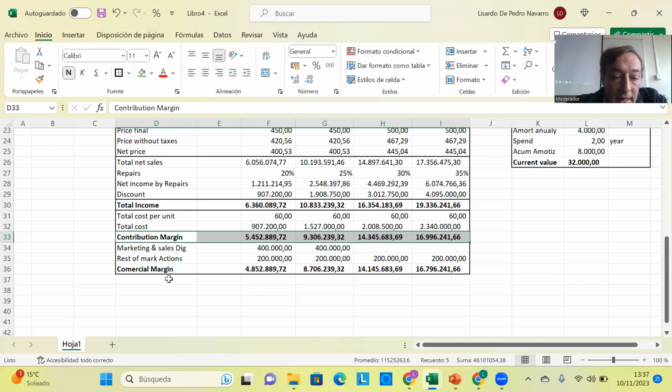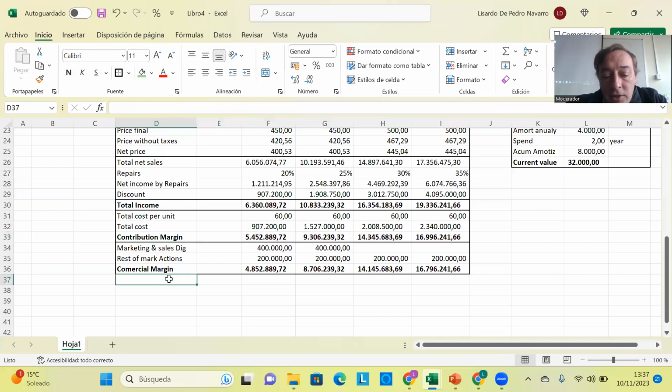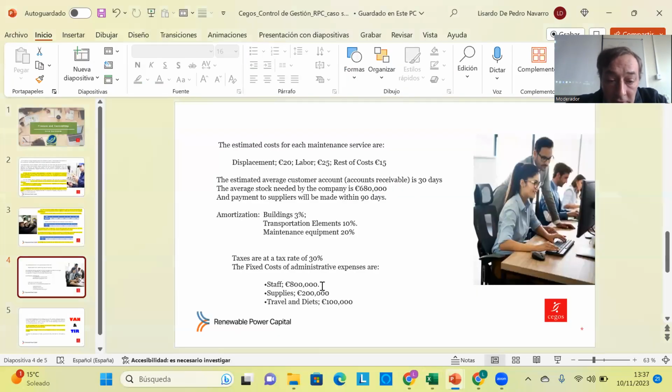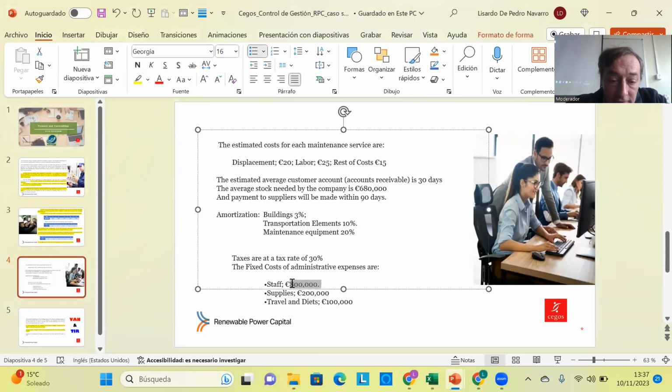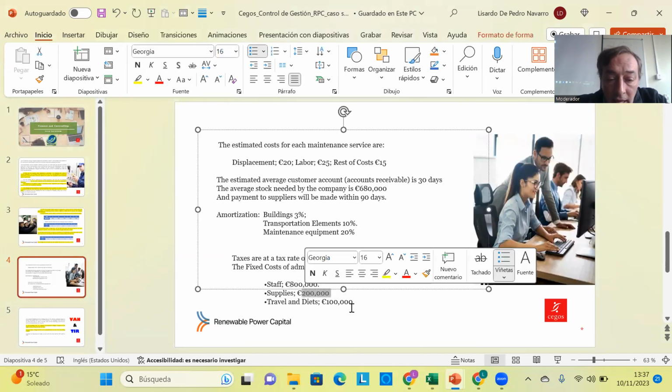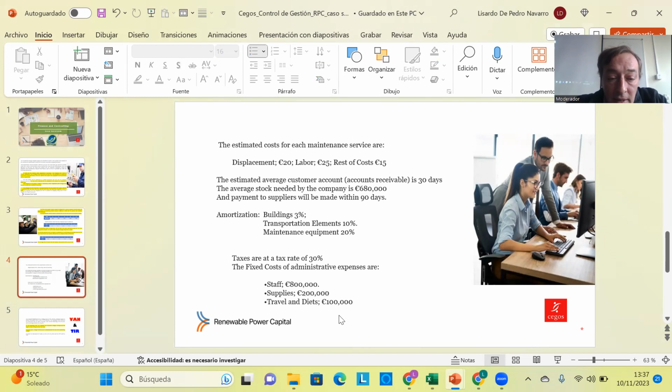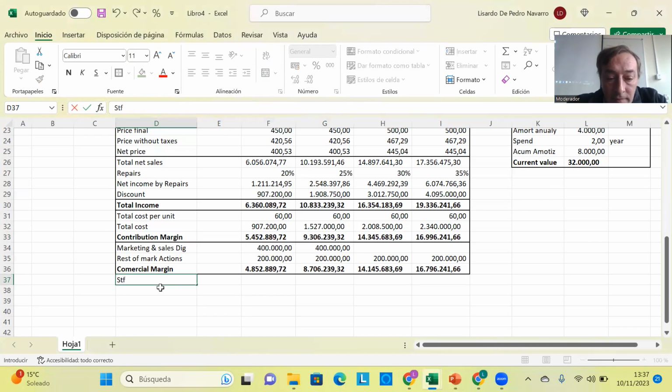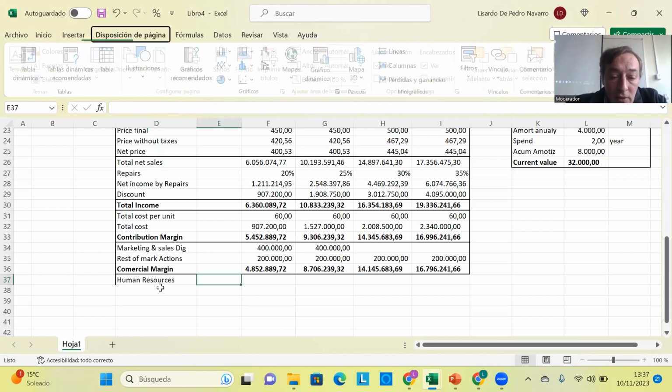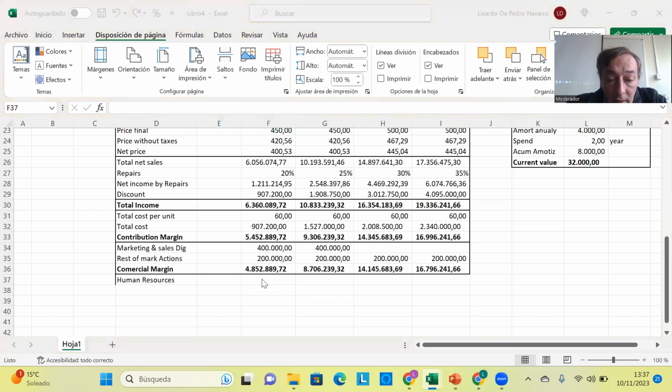So the next step is the fixed cost. For fixed cost we have staff, suppliers, and travel and diet. So we put here staff, or human resources, that is going to be 800,000.